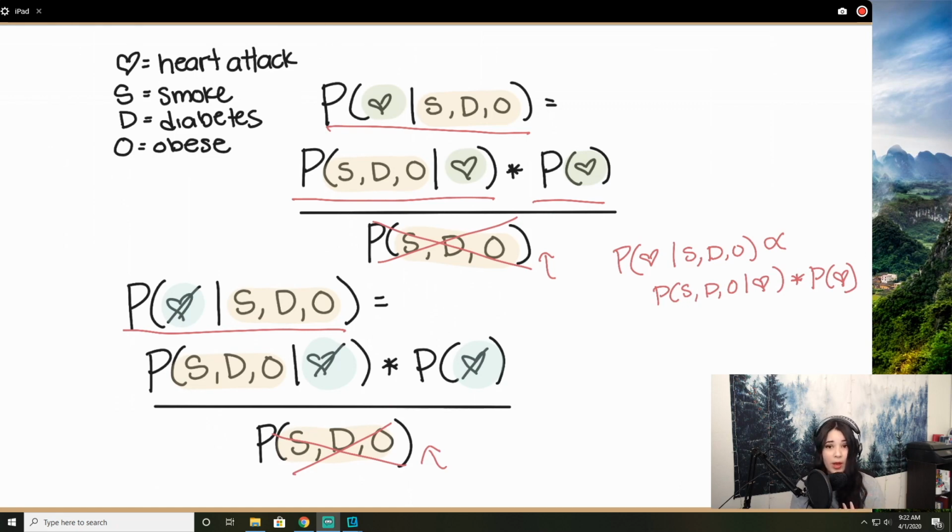In the same way, we can calculate the proportion of people that had a heart attack by looking at our data set. And this goes the same for people who did not have a heart attack. So, in essence, we are going to calculate the probability of a category given some data based on things that we can calculate directly from the data.